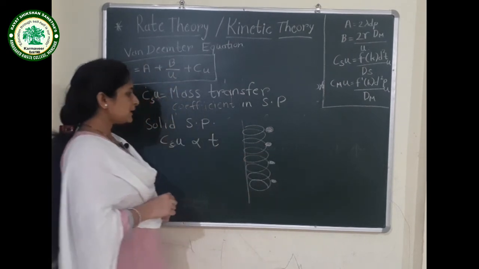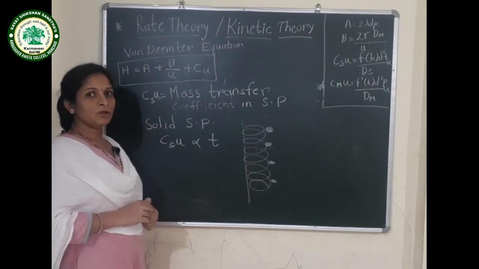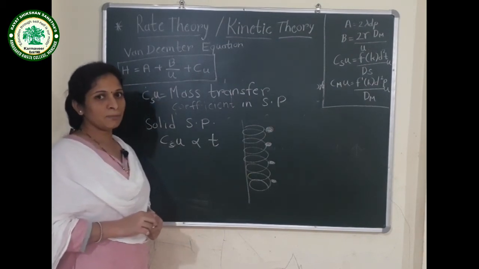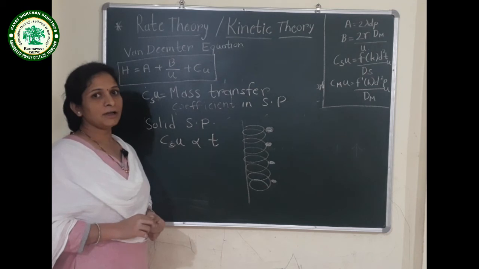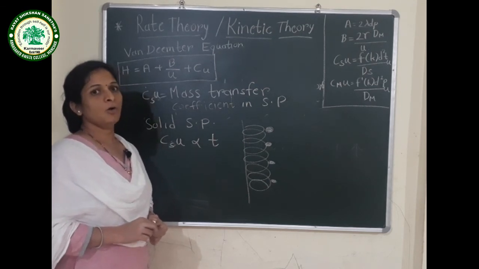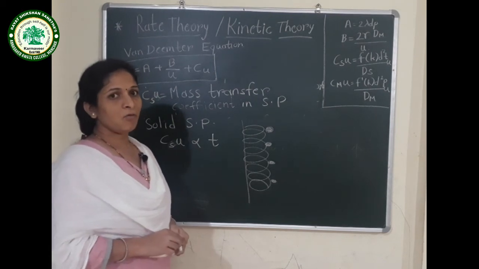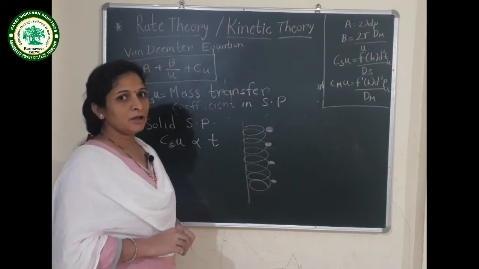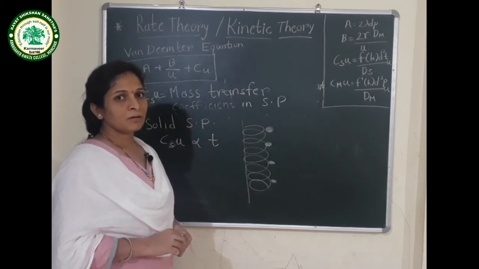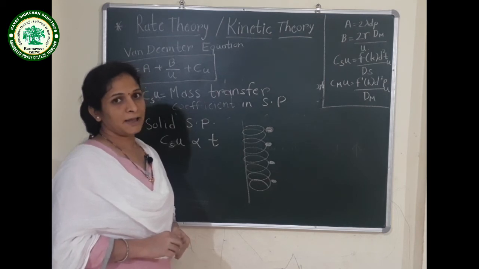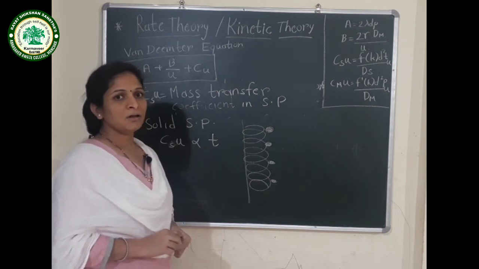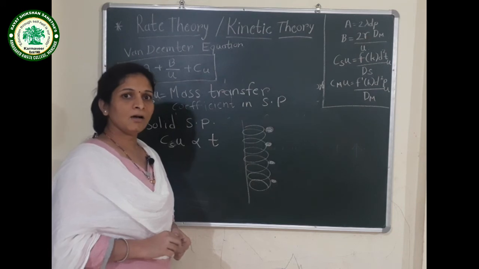Then it is also related to the flow rate. If the flow rate is higher, elution will be faster, and if the flow rate is lower, elution will be slower. But if we are using a higher flow rate, then what happens? Then elution will not take place. All the components will be there in the mobile phase.